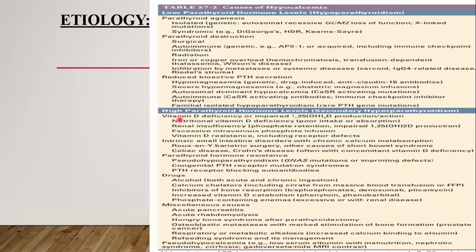And high parathyroid hormone levels, secondary hyperparathyroidism, may be due to vitamin D deficiency or impaired 1,25 dihydroxy D production.